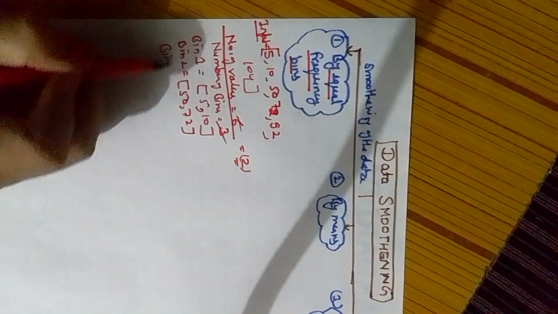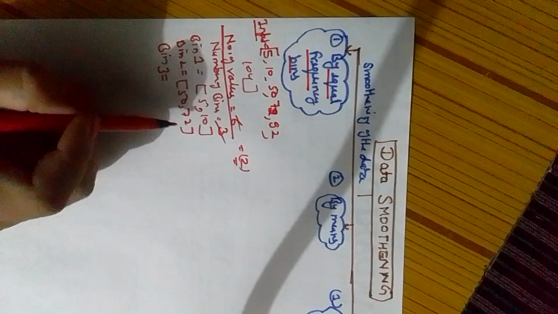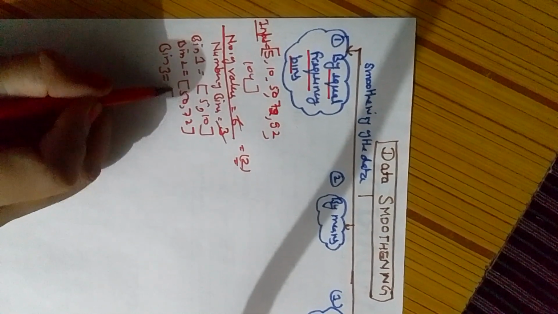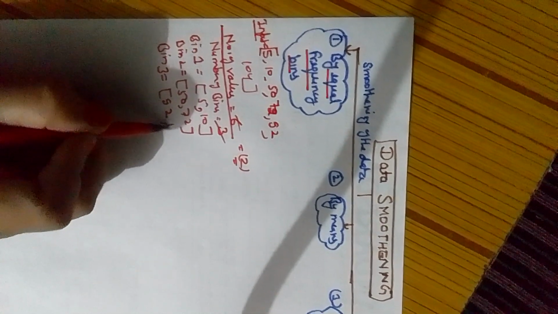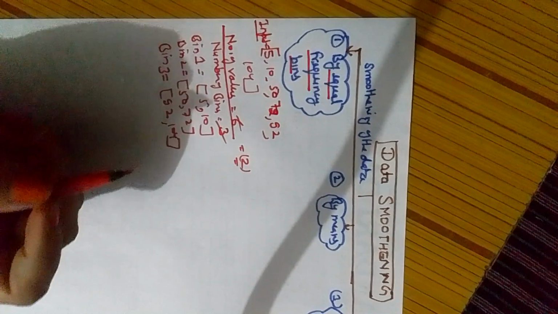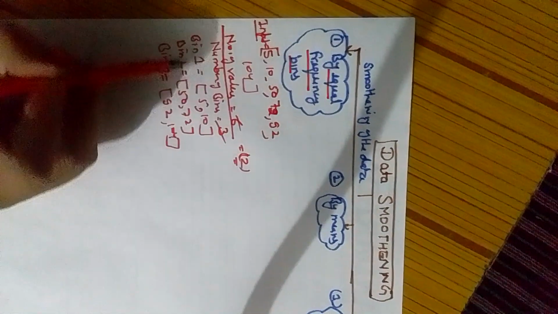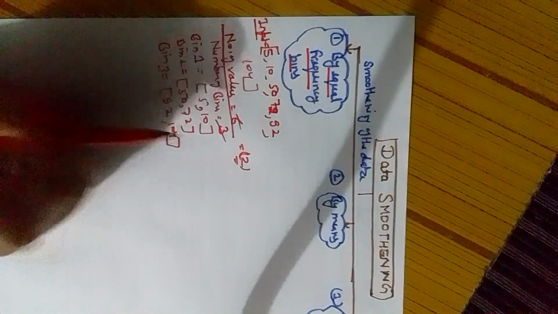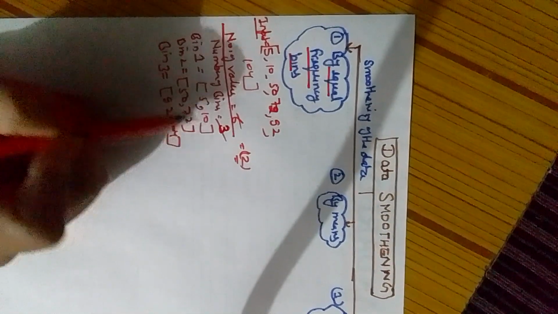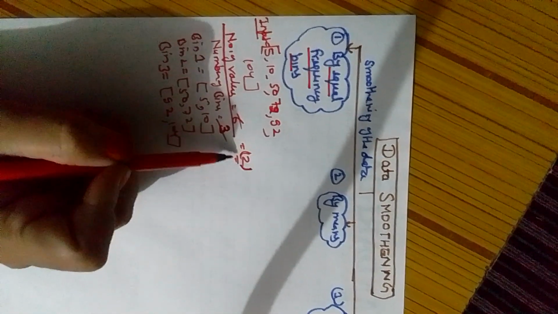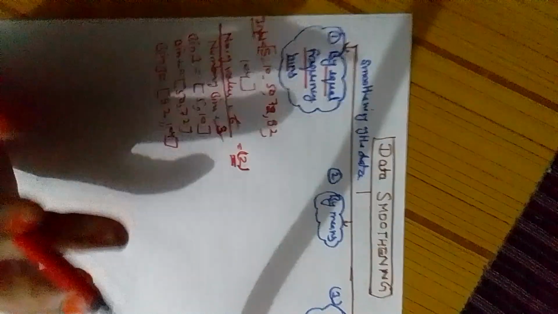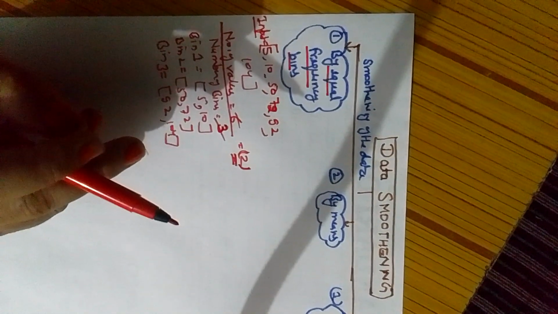And bin 3 would contain 92 and 104. So in 3 bins, 2 values would come in each bin.